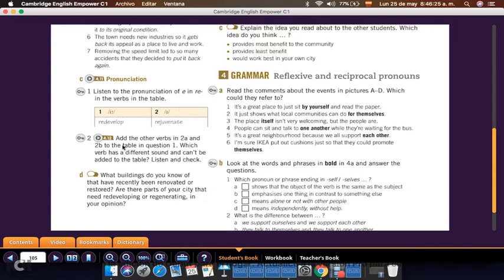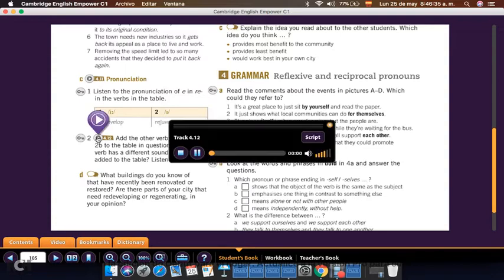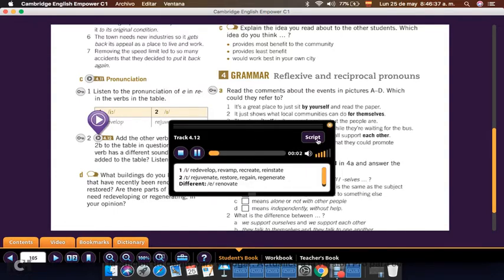Now add the verbs into A and B of the table in question 1. Which verb has a different sound and can be added to the table? Listen and check. Track 4.12. 1. E. Redevelop. Revamp. Recreate.